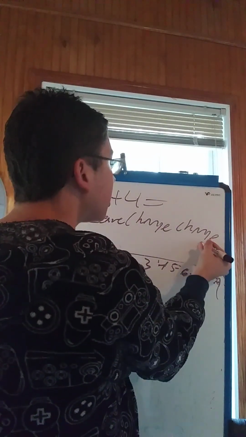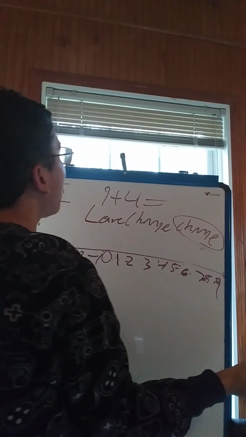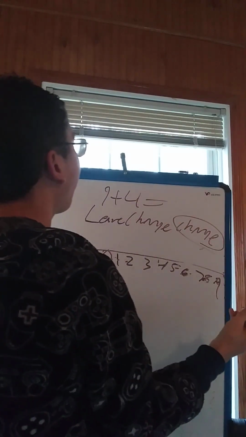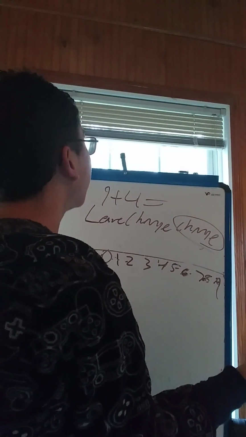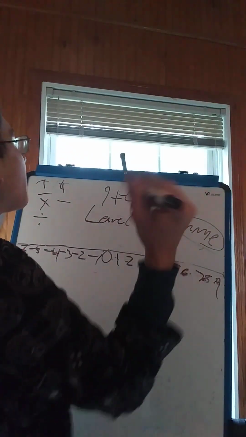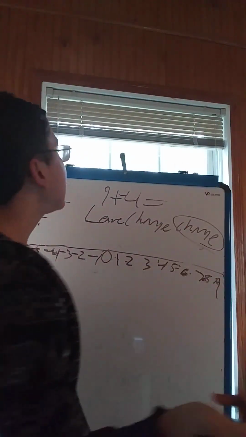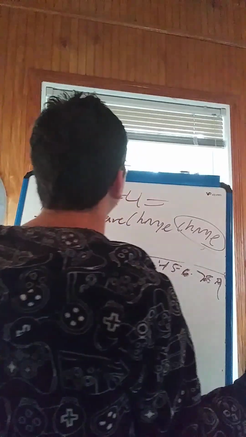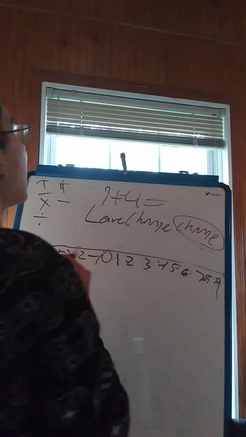And there's still that change that's still there. So we need to change the 4. What's the opposite of a positive 4? Negative 4. So then we go back to solving it like an addition problem. And we know that when we have one positive, one negative, we subtract.